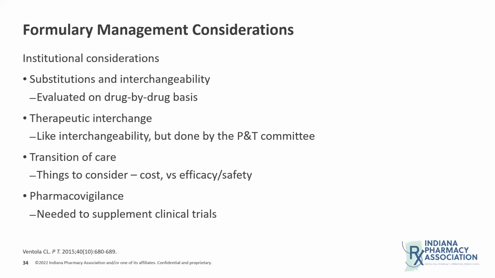And then institutional considerations, touching a little bit here on the therapeutic interchange. So considerations for interchange include therapeutic and dose equivalents, efficacy and safety risks, cost benefits, clear interchange processes, making sure everyone's on the same page there, monitoring outcomes, monitoring efficacy.